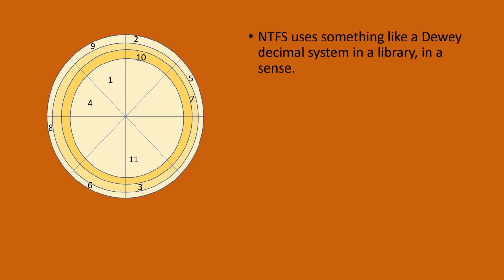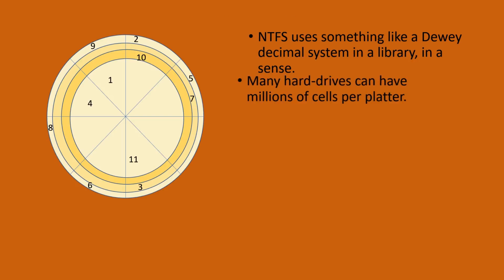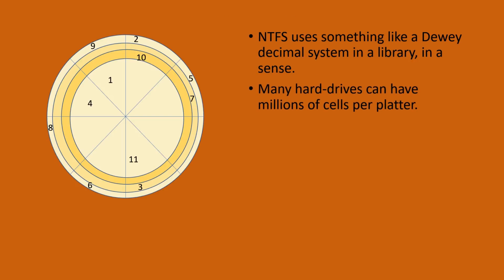NTFS uses something like a Dewey Decimal System in a library, in a very basic sense. Many hard drives can have millions of cells per platter, and this differs per manufacturer, per orientation. There are many different factors that differ on every single hard drive. The OS is usually on the first cell.